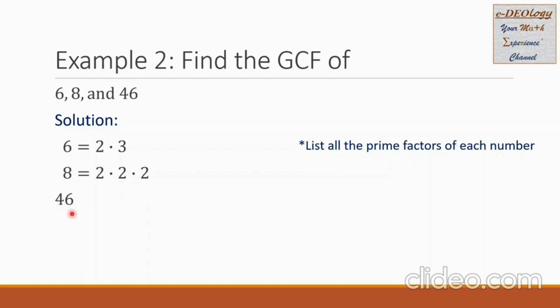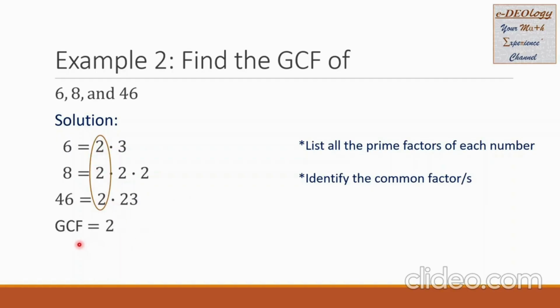For the number 46, the prime factors are 2 times 23. And then, we're going to identify the common factor. We can see that the number 2 is common to all of them. Therefore, the GCF, or the greatest common factor, equals 2.